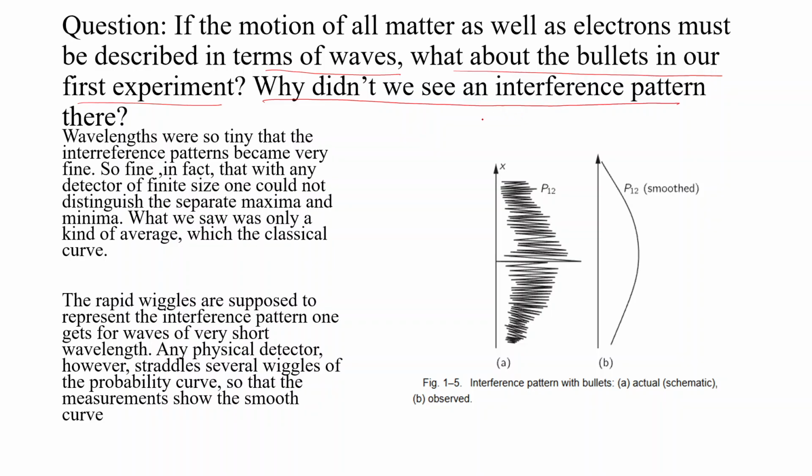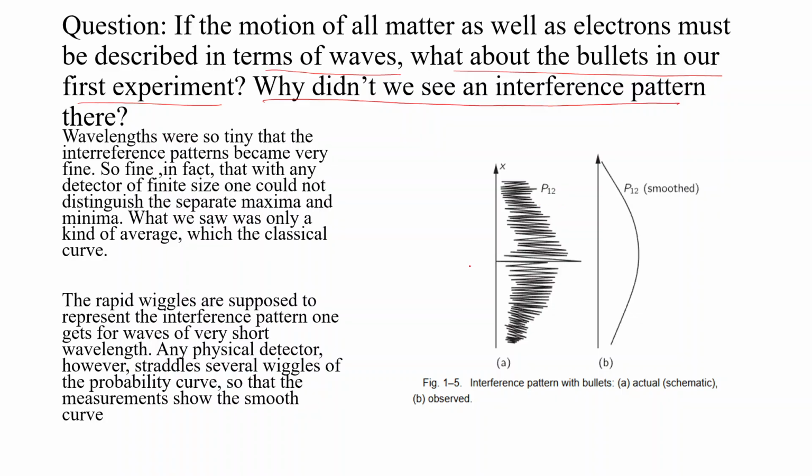The answer is quite simple: the wavelength was so tiny that the interference pattern became very fine, very tough to differentiate. In fact, with any detector of finite size one could not distinguish the separate maxima and minima.